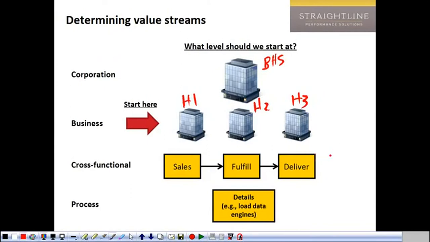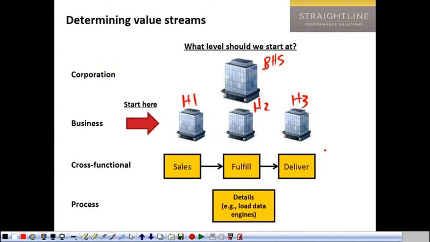For many folks, people might say a good place to start would be here, and say, what are the key value streams that each of these business units have to deliver on? In this case, there's a lot of commonality, but there may be some differences if you have outpatient clinics, things like that, convenient care clinics. They may have different value streams than the hospitals.